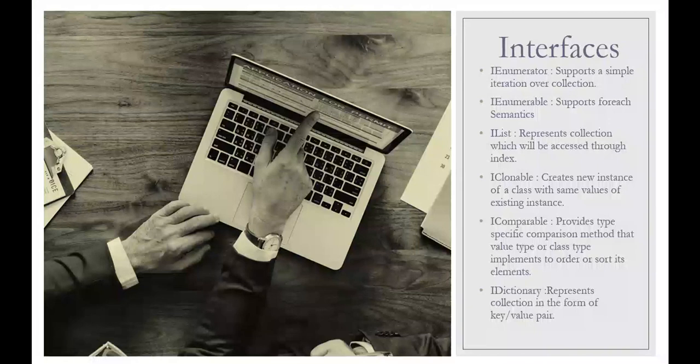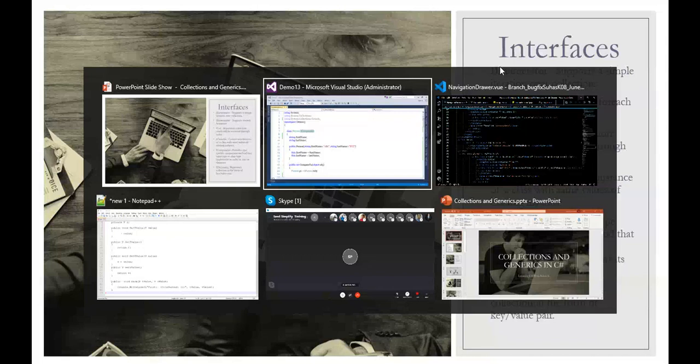Now the question will be raised: here I have written that it supports foreach semantics. It means that as a programmer, I am able to write a foreach loop because of the IEnumerable interface. The foreach loop is possible because of IEnumerable. Without IEnumerable, we are unable to use the foreach loop. So let's see how this actually works.